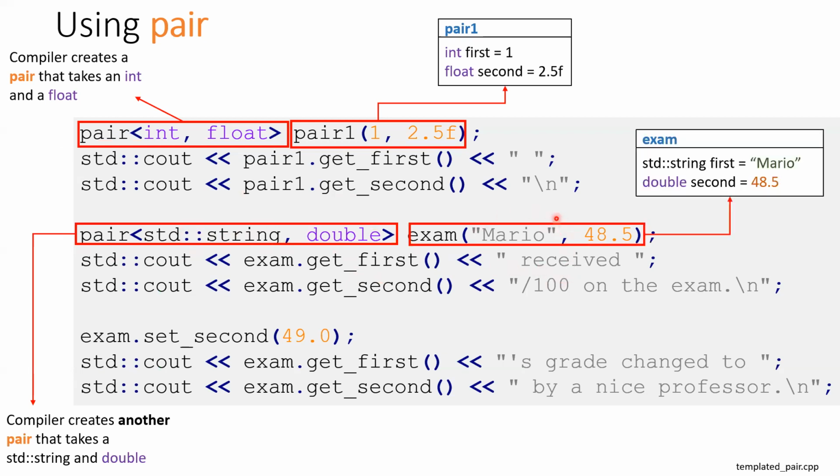And you can make it with a string and a double, where first is the string, Mario, and the second is the double. Make sense? And you can use the setters and getters to access the numbers.